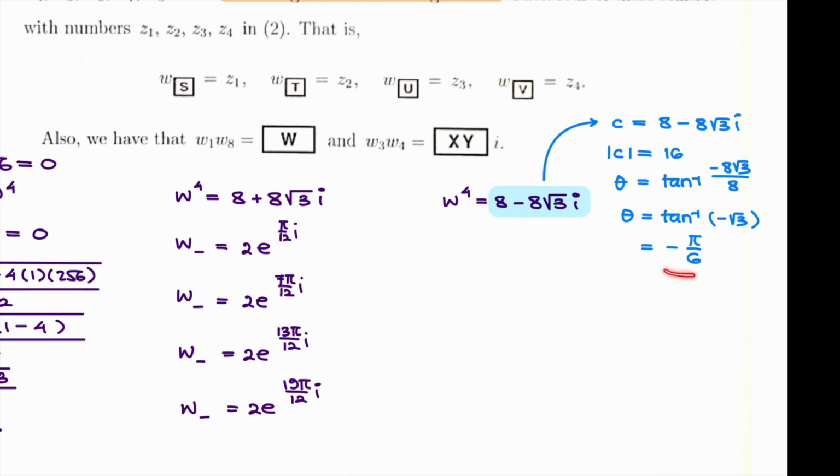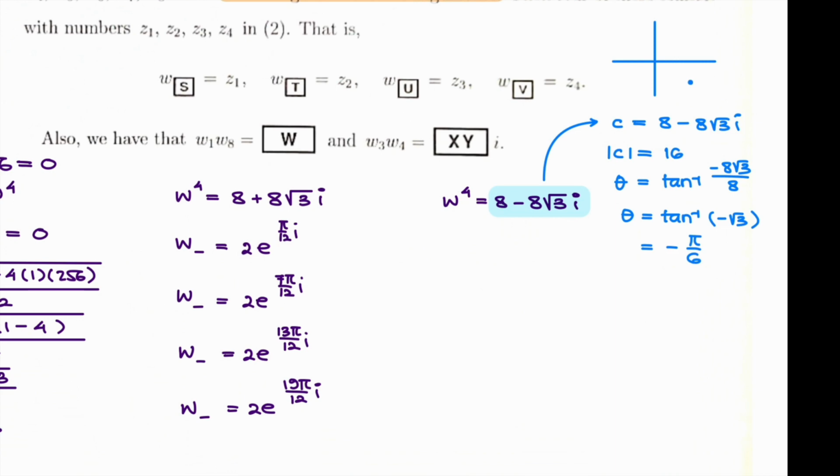I use the one in the fourth quadrant. Why? Because if you see this complex number, the real part is on the positive axis, but the imaginary part lies on the negative axis. So if you draw this complex number in the Argand diagram, the position of 8 minus 8 square root of 3i is somewhere here. So the location of C is in the fourth quadrant.